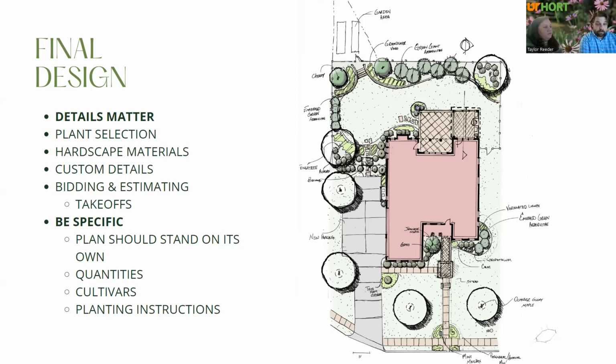So if you're drawing something for a friend or a client or someone who's asked you when they found out you're a designer, which you will get asked all the time, this is the point they want to know, right? Someone who, if you get a quote on installing landscape, they want to know plants, they want to know how much square footage of pavers or concrete or whatever else is included in the design.